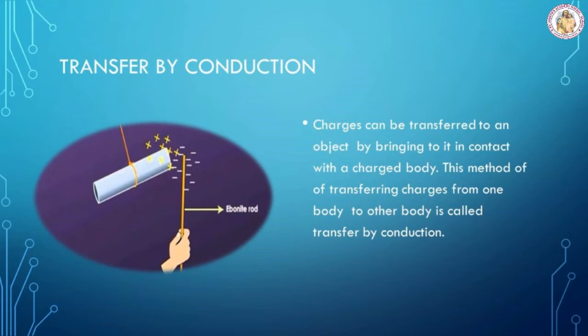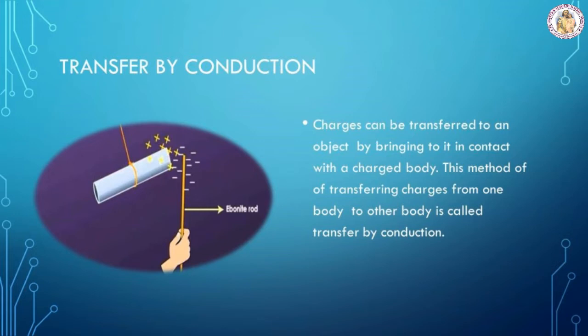Yes. When the ebonite rod is rubbed with woolen cloth, electrons from the woolen cloth are transferred to the ebonite rod. Now, the ebonite rod will be negatively charged. When it is brought near the paper cylinder, negative charges in the rod are attracted by the positive charge in the cylinder. When the cylinder is touched by the rod, some negative charges are transferred to the paper.